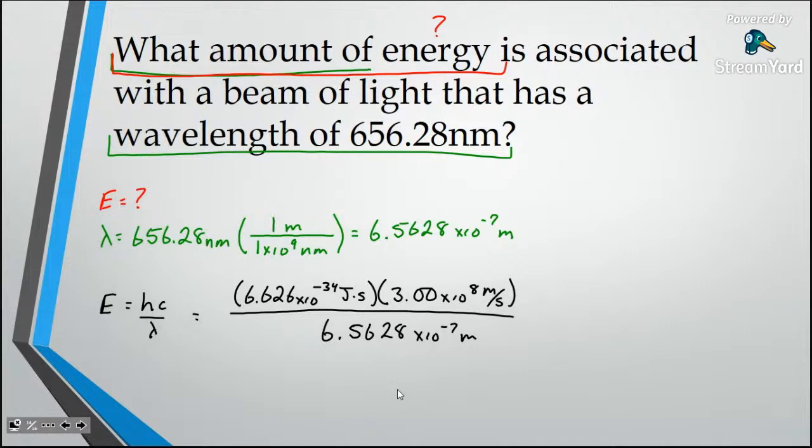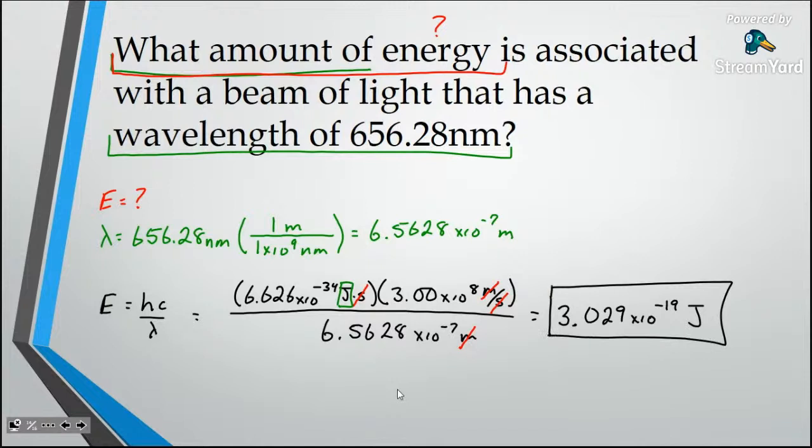Looking ahead to units, notice meters in the numerator cancel meters in the denominator. Seconds in the numerator cancel seconds in the denominator. And I'm going to be left with just the units of joules, like I would expect. So now when you substitute all this into your calculator and solve it out, you should get an answer of 3.029 times 10 to the negative 19th, and as I've already pointed out, units of joules.